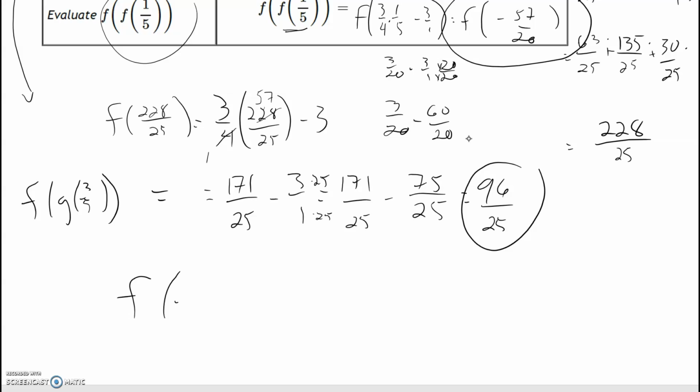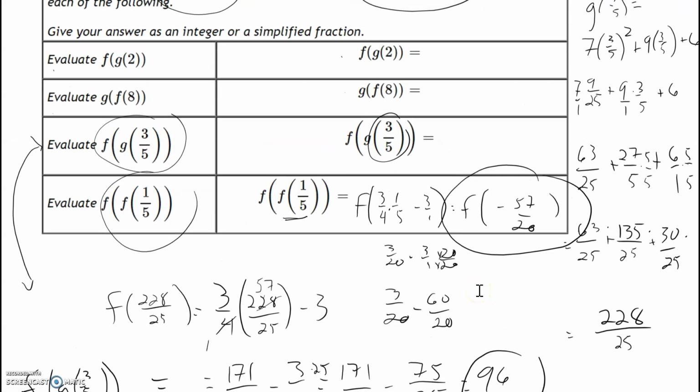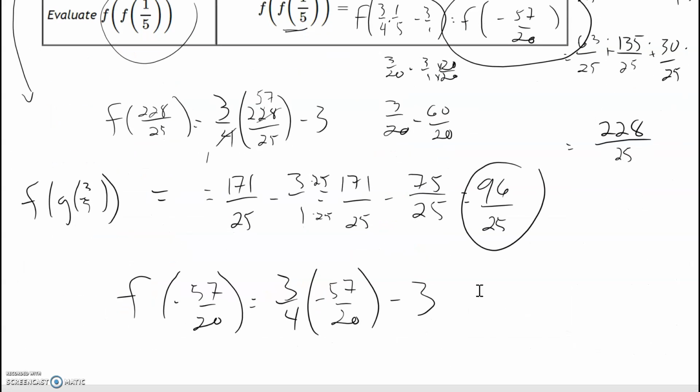So f of negative 57 over 20 is 3/4 times negative 57 over 20. So we're plugging it back into f, same function, minus 3.